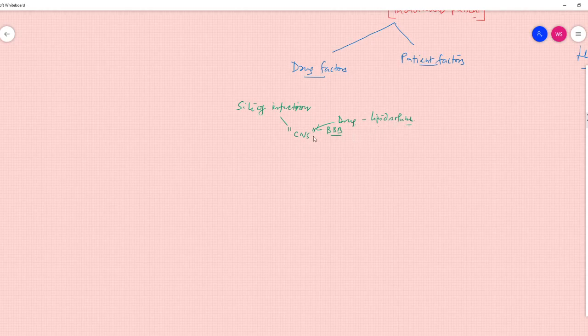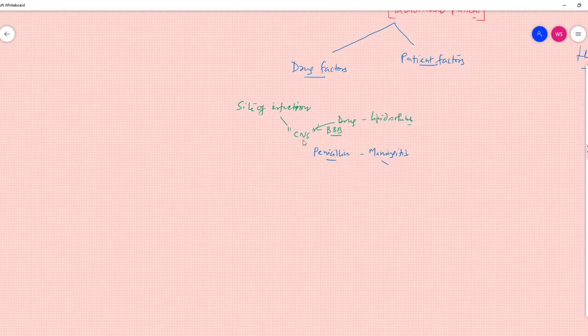Okay, only then can it penetrate the BBB and reach the CNS. What is the example that we can give? Penicillin. Okay, penicillin normally does not cross the blood-brain barrier, but in meningitis, the BBB becomes permeable to penicillin. Therefore, in meningitis, one of the drugs of choice is penicillin. Okay.